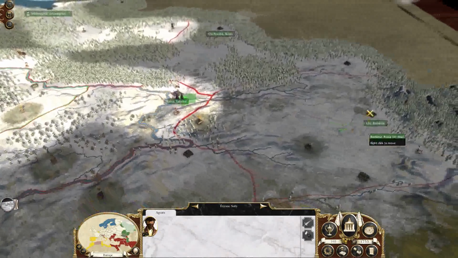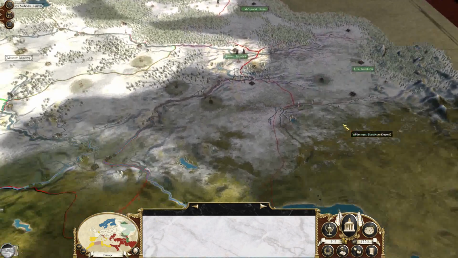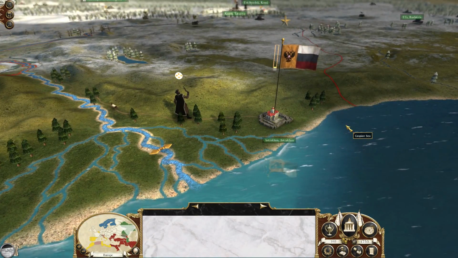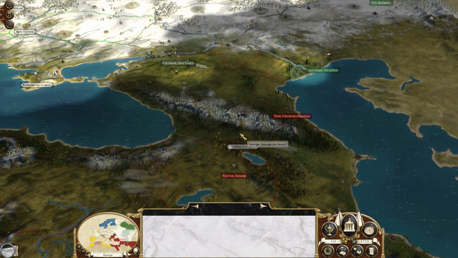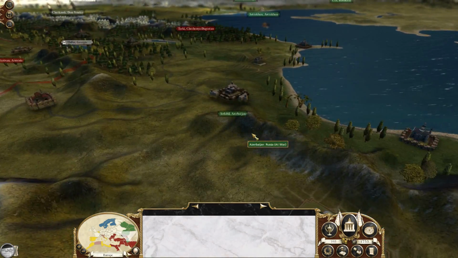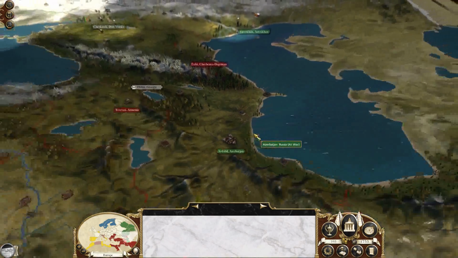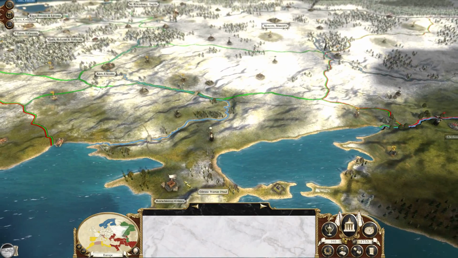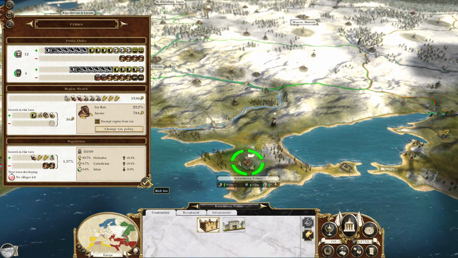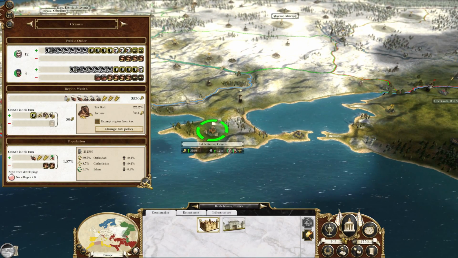And Astrakhan. That need to be taken. And then there's Azerbaijan. However, it's so cut off, it could be the last settlement out there. That's going to kind of make a difference.